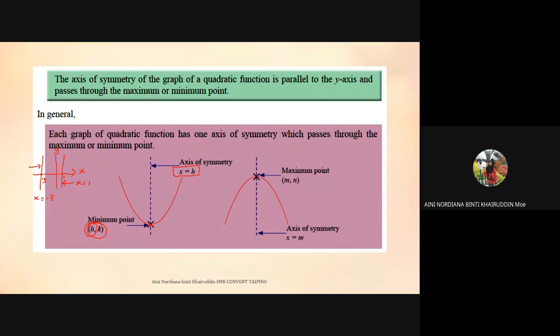That's why x equals to h. Same goes to this shape. Beza shape sajalah. So, kalau sad shape graph passes through maximum point here, so kita ambil value x. So x equals to m. Ini x, ini y kan. Okay. Kalau you tak faham, boleh stop me and ask. Setakat ni okay tak?